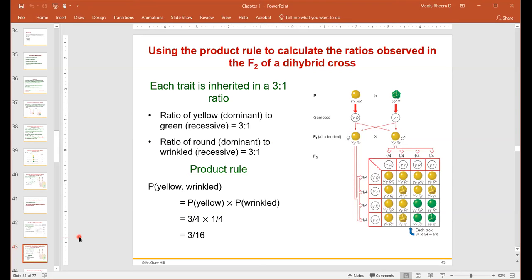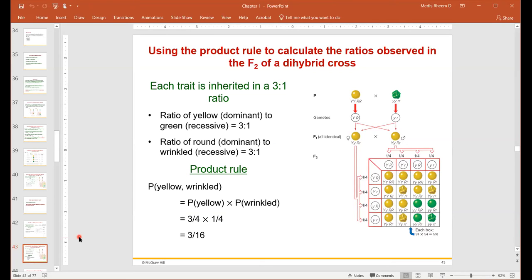Everybody with me so far? Now, if you want to find out how many offspring are going to be, I'm just arbitrarily writing this. How many are going to be like this? 2 out of 4. And then how many are going to be like this? 1 out of 4. So how many are going to be like that? 2 out of 16. Everybody with me?